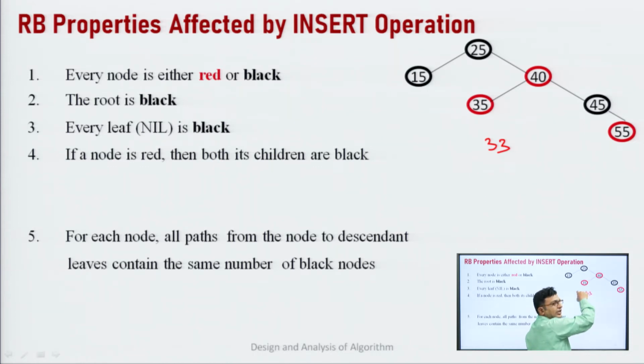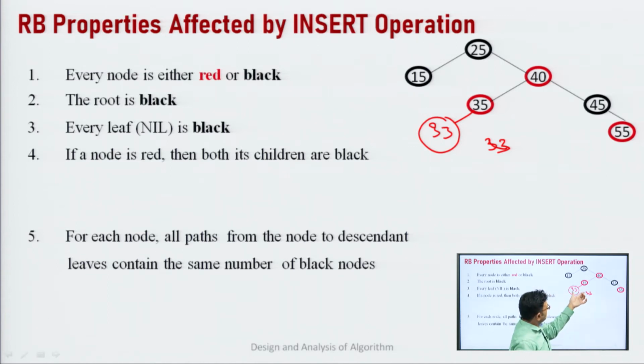Then it is compared with 35, and it is less than 35 and there are no more nodes available. So 33 is added as the left child of 35, and we give this node the color red. Now see what kind of violations have arisen.